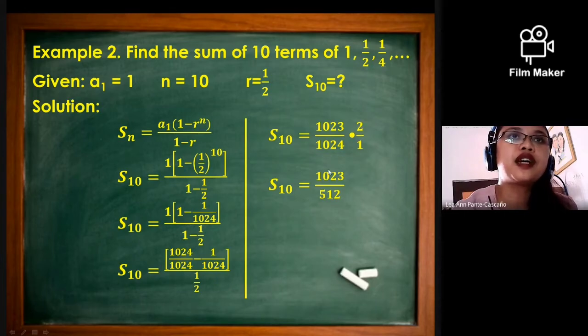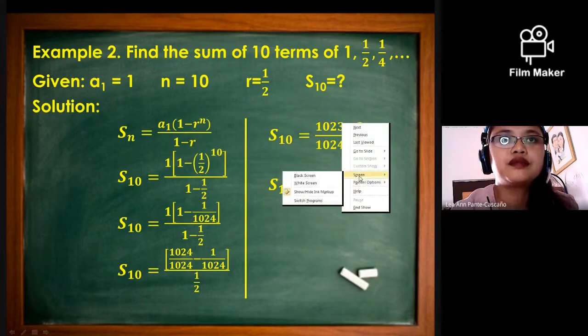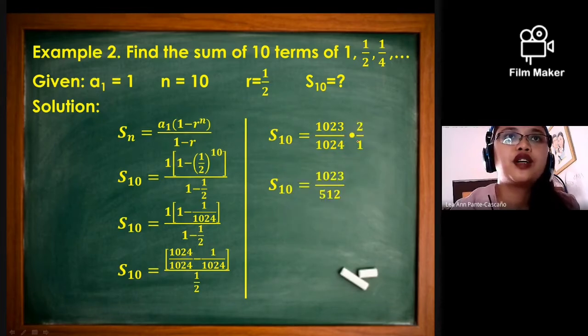Then simplify lang po. Ang ginawa dito, sinimplify na kaagad. 1024 is divisible by 2 also. 2 divide 2 is 1. Okay, itong dalawa pong na to ay pwede mong i-simplify. Pwede po tayong gumamit ng cancellation. Divisible siya pareho sa 2. So, 2 divide 2 is 1.